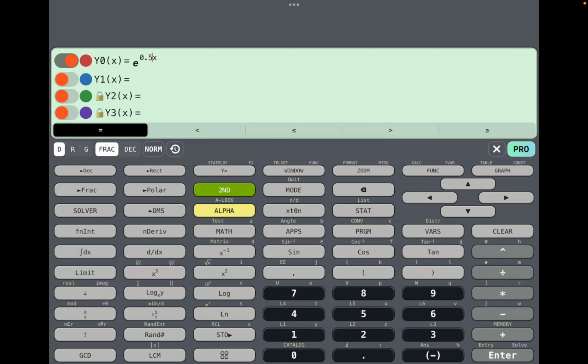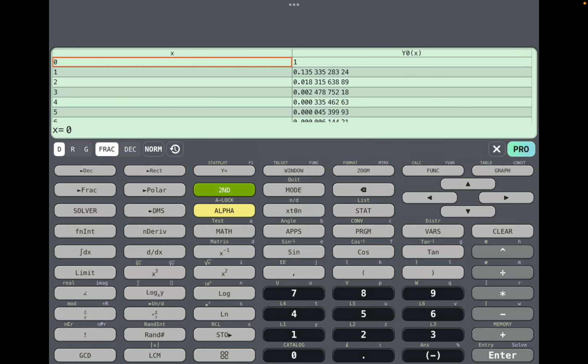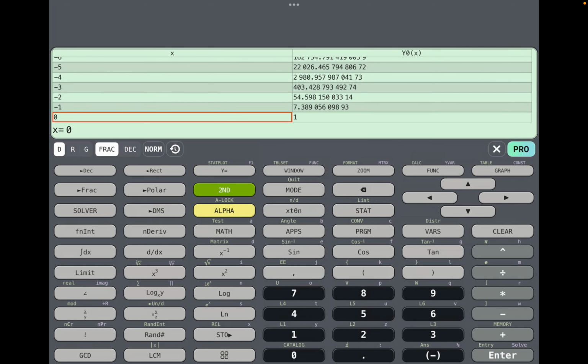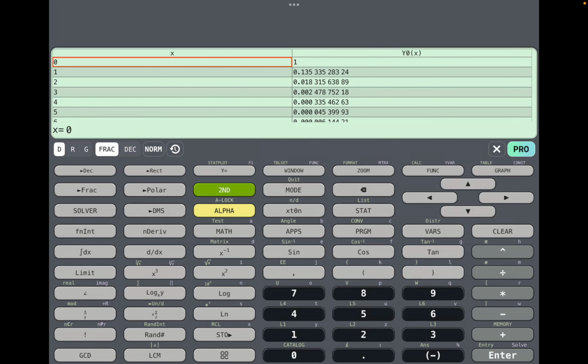And e to the power of negative 2x. Don't necessarily need to look at the graph, although I could. It'll be decay, I'll know that. I can look at the x's, the y values, negative 2, 54. That's not fitting on the graph, but negative 1, comma, 7.389, that can fit on the graph. And then all of a sudden they get really small, really fast.